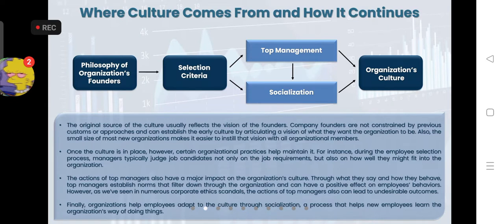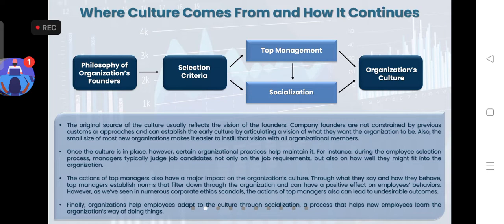So here again we have the exhibit on establishing and maintaining culture. This illustrates how an organization's culture is established and maintained.